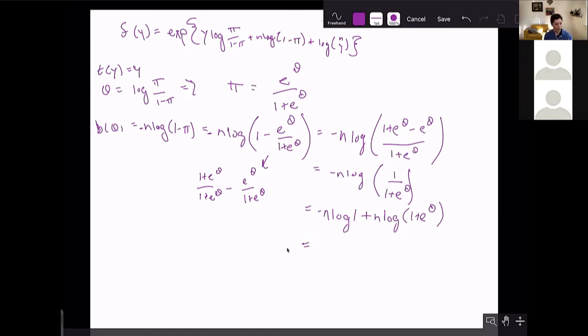Are you with me up to this step right here? Yeah, I understand the separation now. So I can simplify this further. Do you see how? No. What's the log of 1?